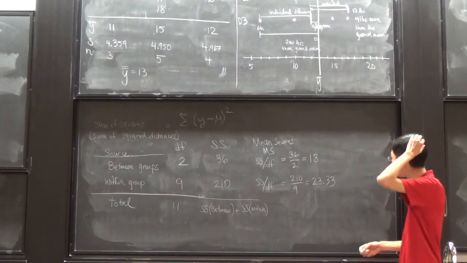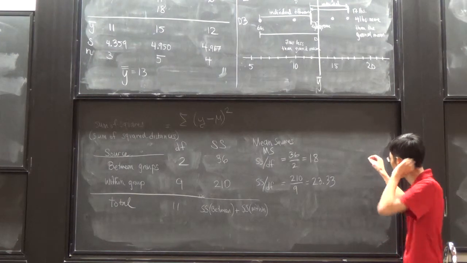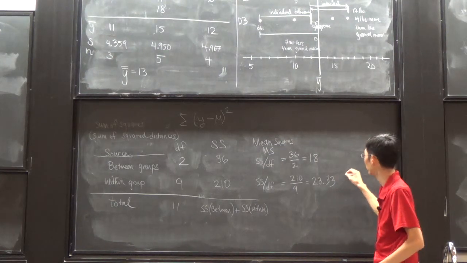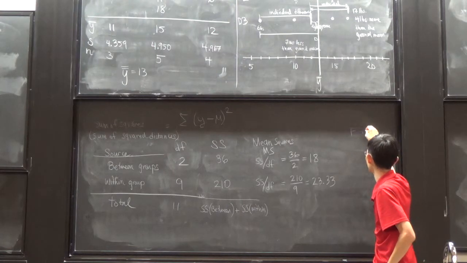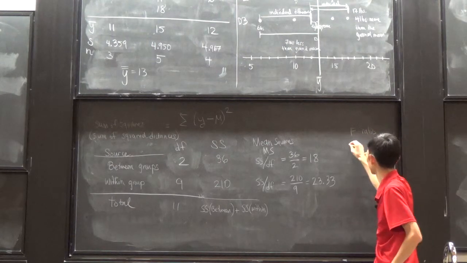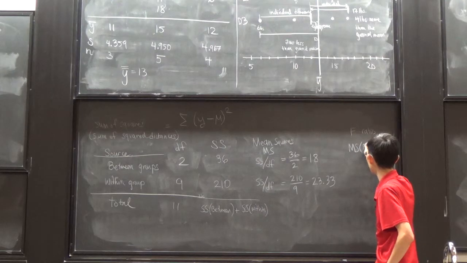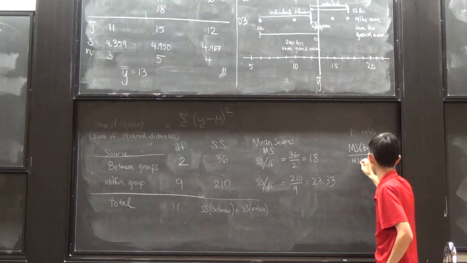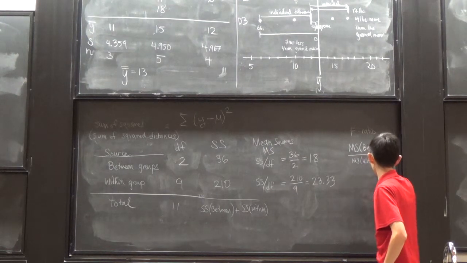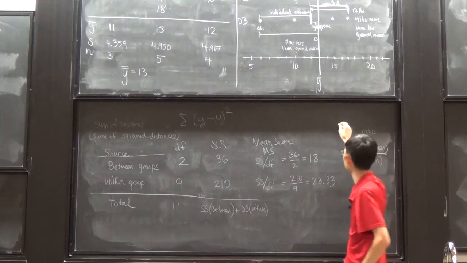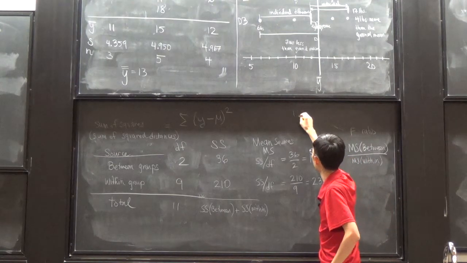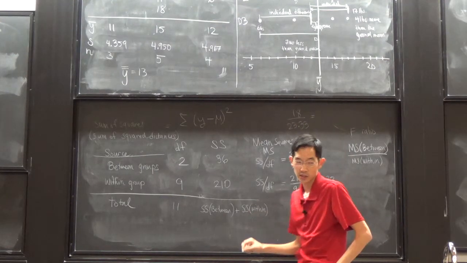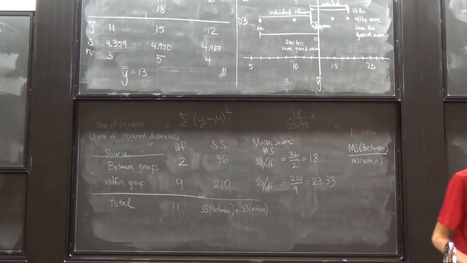So this is what we have. And we're going to create a ratio between the mean squares between the groups and the mean squares within the group. And this is called our F ratio. So it's mean squares between divided by mean squares within. So our F ratio in our case is 18 over 23.33, and I get an F ratio of point something.